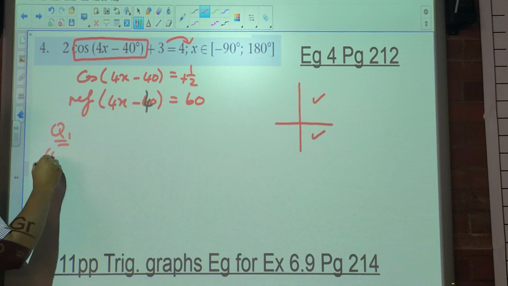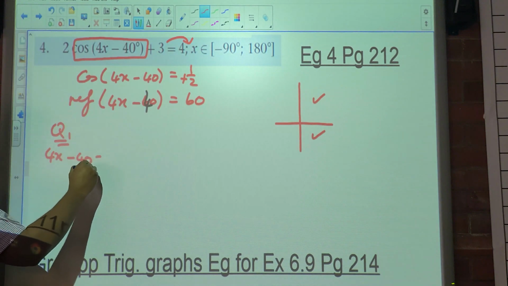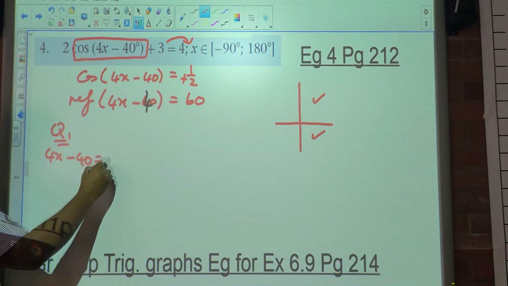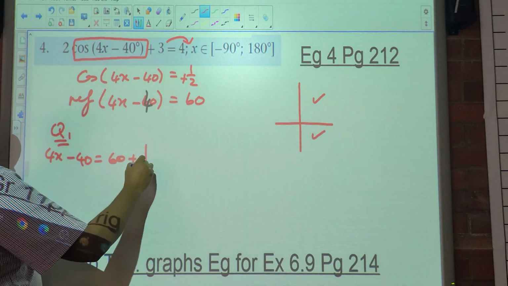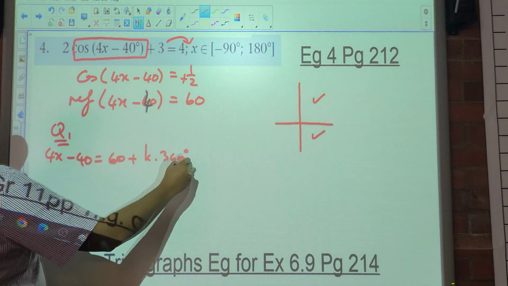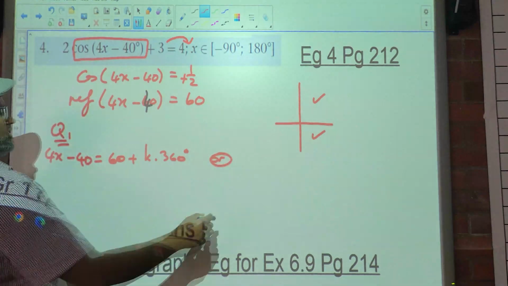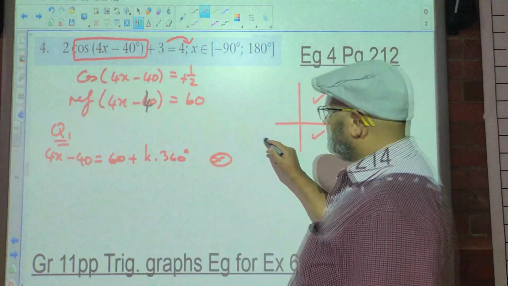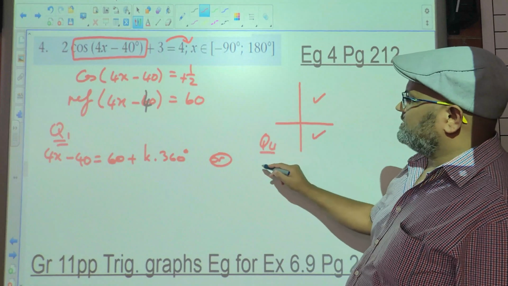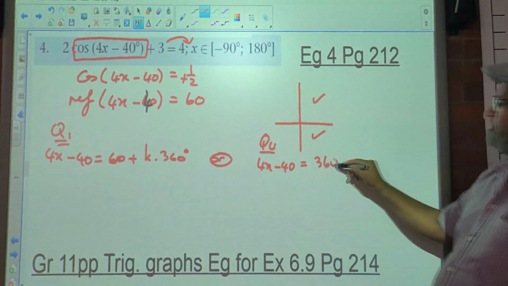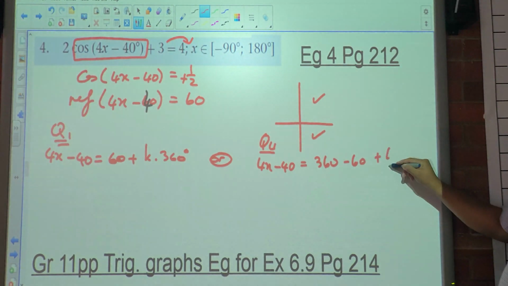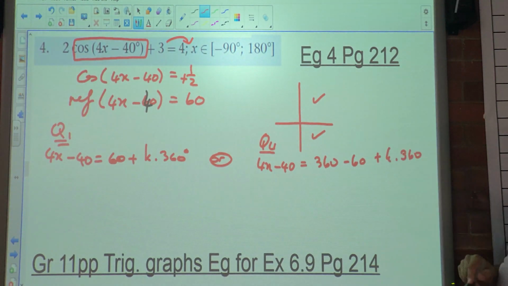In quadrant 1, 4x minus 40 equals 60 plus k times 360. Or in quadrant 4, 4x minus 40 equals 360 minus 60 plus k times 360.